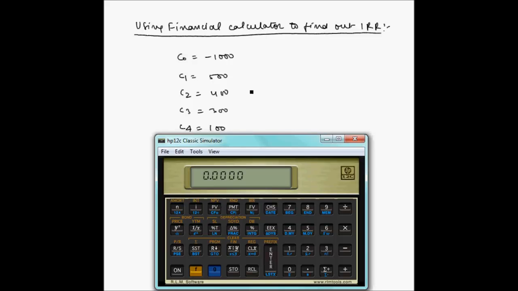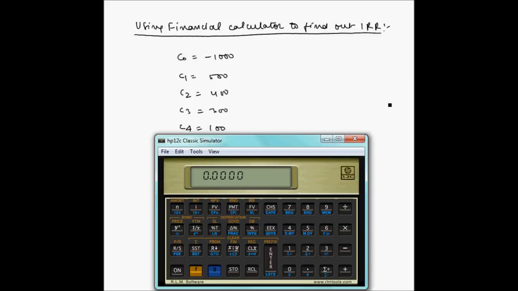So we have to enter the value of the cash flows in the chronological order. Now CF0 is cash flow 0, or the C0 cash flow that we have represented here. CFJ represents all the remaining cash flows, so C1, C2, C3, C4, and so on.